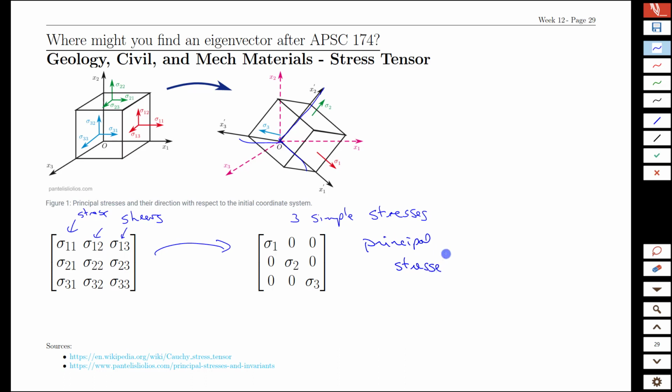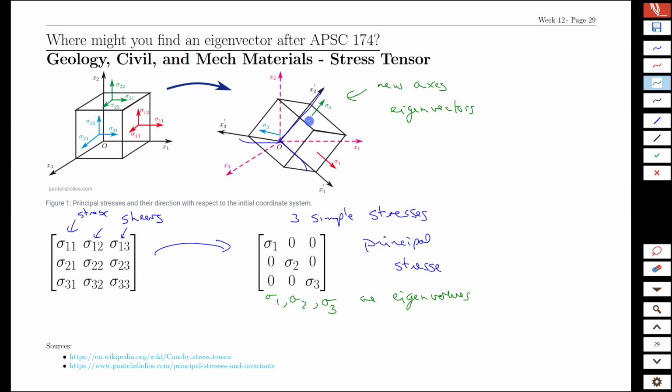And it should come as zero shock at all that sigma 1, sigma 2, and sigma 3 are the eigenvalues, and that these new directions, new axes here, the ones that make everything simple, happen to be the eigenvectors of the stress matrix here.